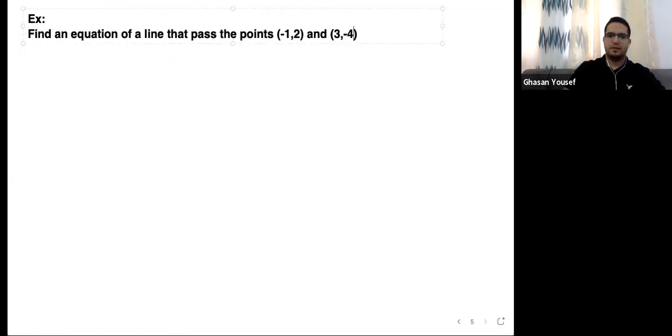So find an equation of a line that passes through the first point and the second point.